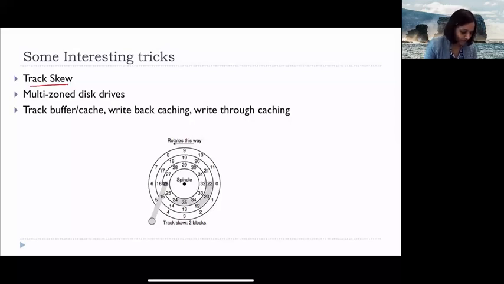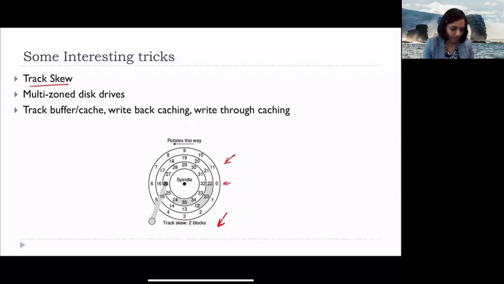So here in this figure, you see that we are starting to number our blocks in the outermost track from 0. Then we keep on naming them, increasing in incremental order in this direction. But when we come back to the same position over here, the last block that we can accommodate on this track is 11.